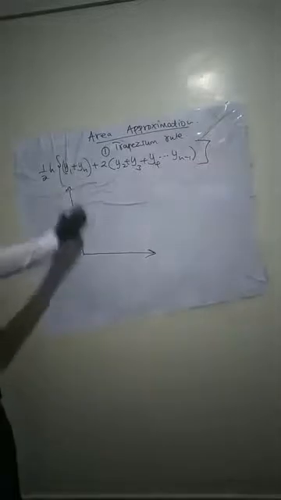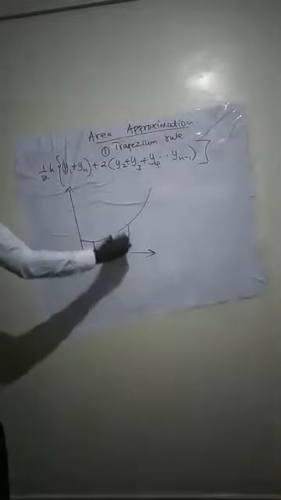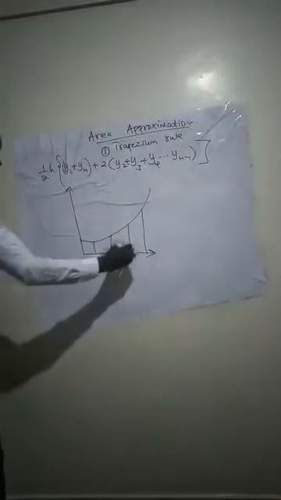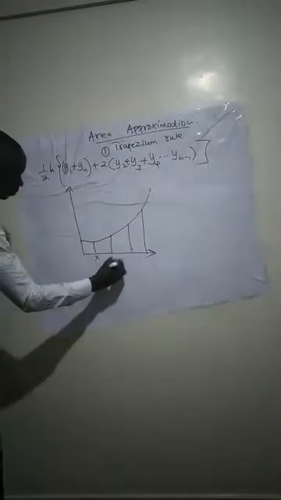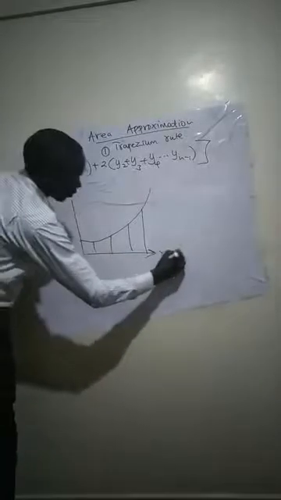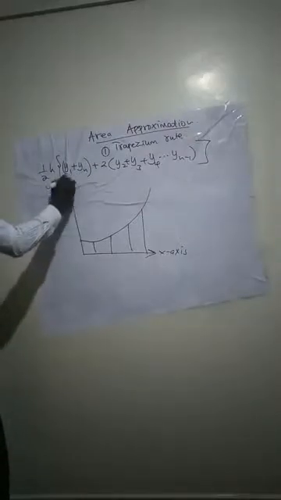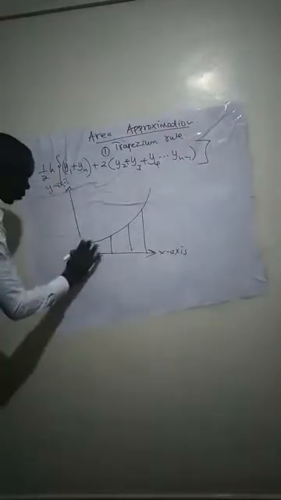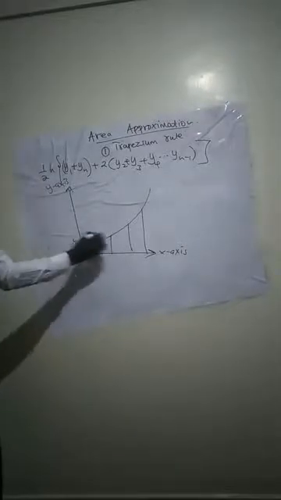Let's say you have such a curve originating from that point. If this is the value of x, we'll just use the x-axis, and along this line we have the y-axis. So these are basically the corresponding values of y. So we have here y1.